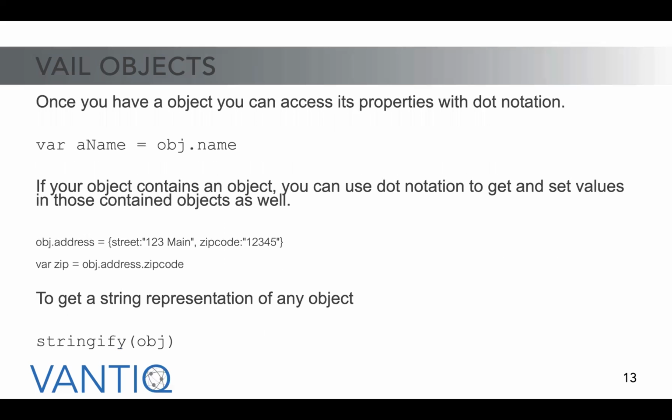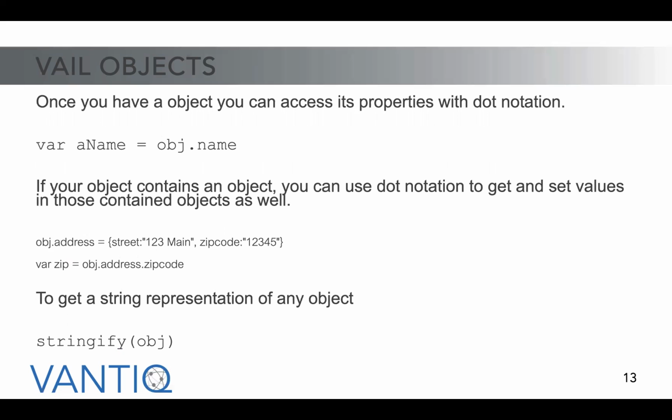So I keep the quotes everywhere. You can reference a property of your object by just saying object.name. In this example here, I have object.address, and you have like street and zip code. If I just want the zip code, it will be object.address.zipcode.